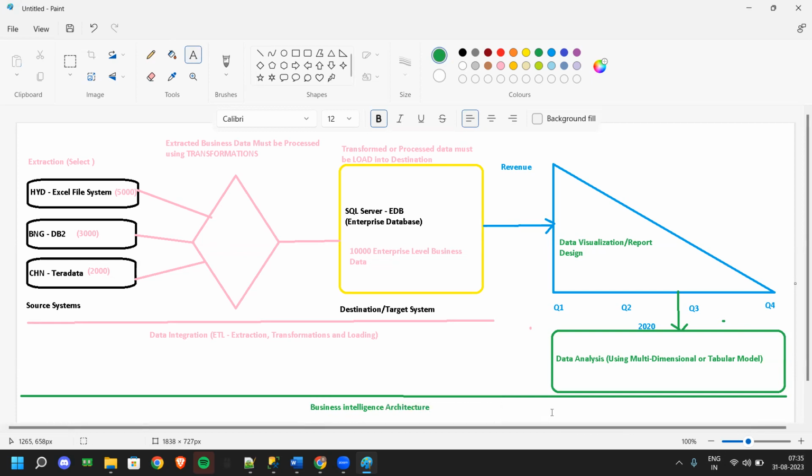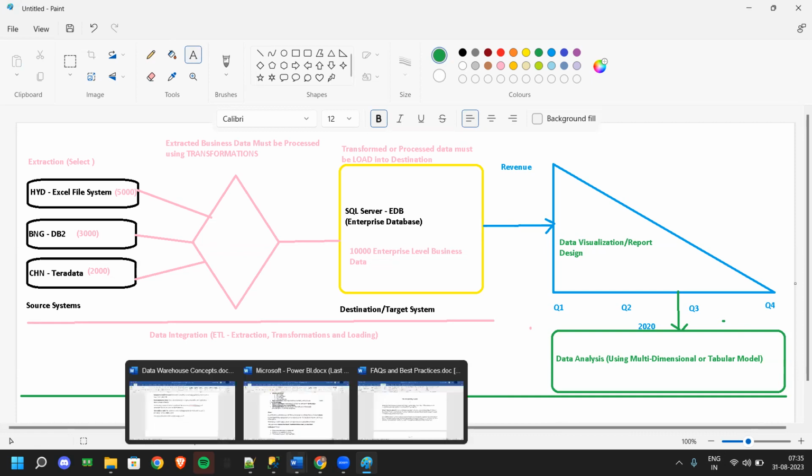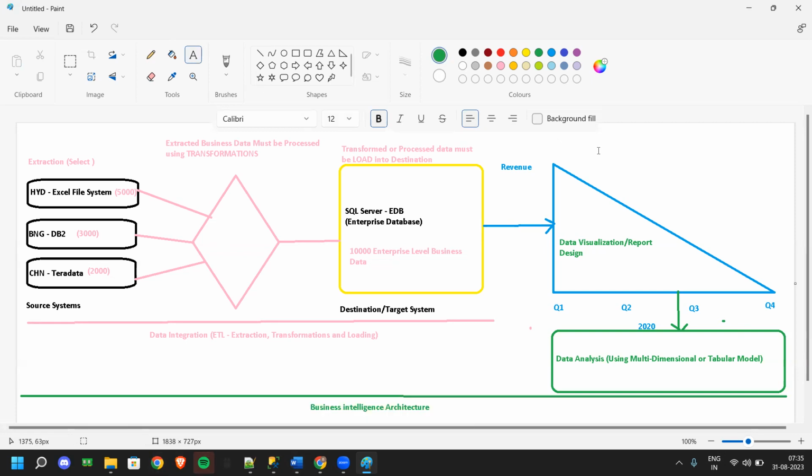Okay, very good. Sir, having said that, what do you mean by business intelligence? Business intelligence means: extract the business data from multiple, different, and various sources. Extracted data must be processed with the help of predefined transformations.